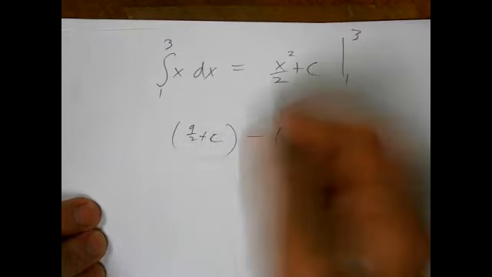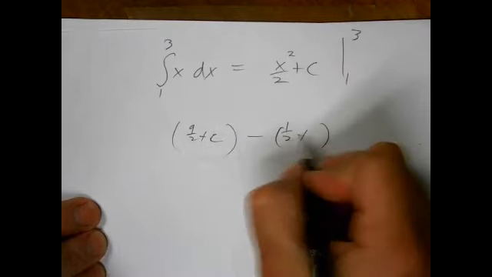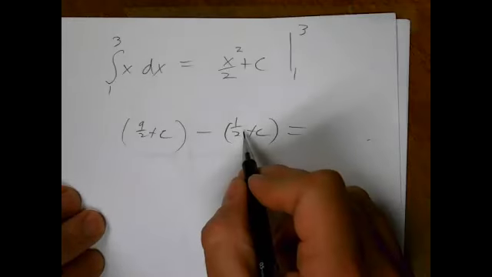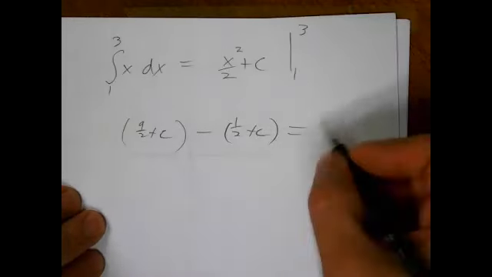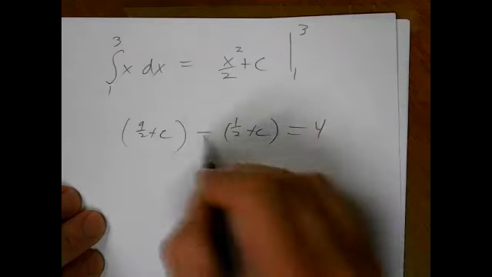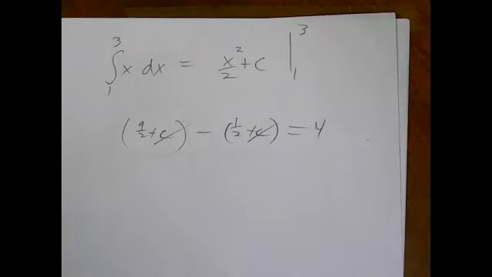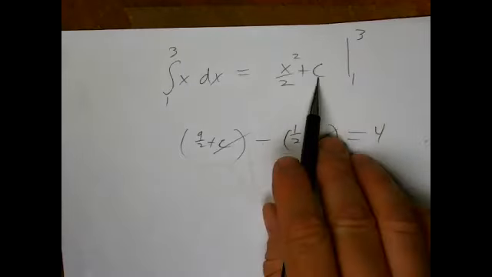And then when I put in the 1, I would get 1/2 plus c. 9/2 minus 1/2 is 8/2, which is 4. And a c minus a c means the c's just cancel out. So with the definite integral, if you put the c in there, it would have no impact whatsoever.